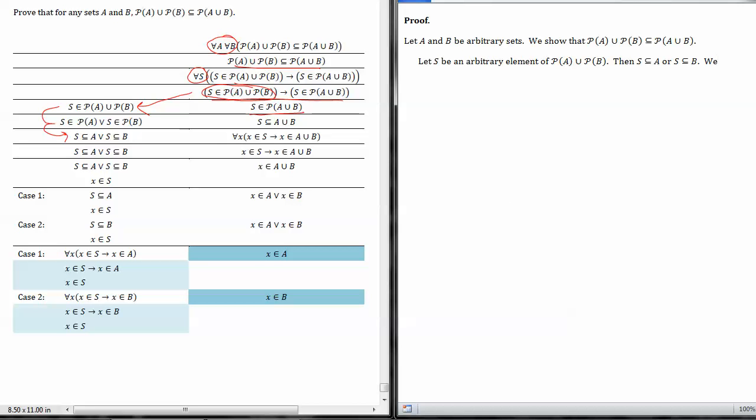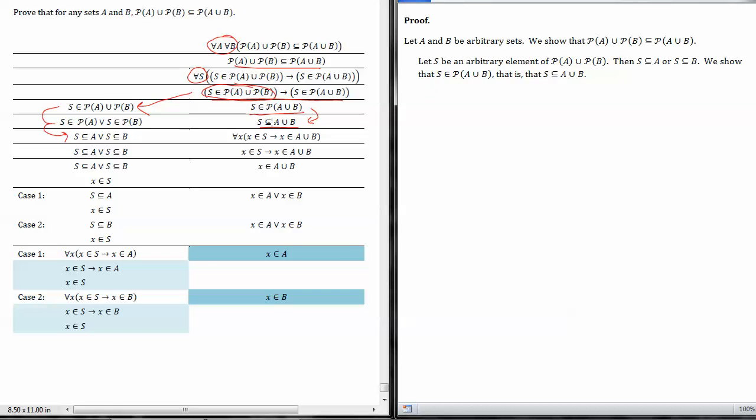So we show that S is in power set of A union B. And it'd be nice to mention what that means right away as well. Just the definition of being in the power set is that you are a subset of, in this case, A union B. So I'll say that is that S is a subset of A union B. Good deal.